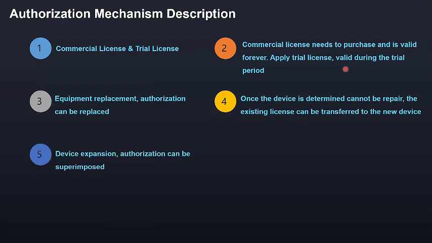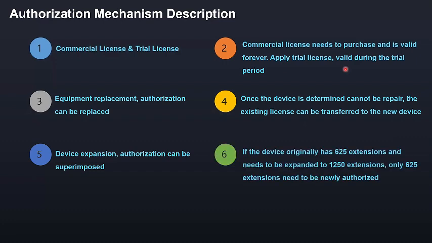And for device expansion, the authorization can be superimposed. If you want to upgrade the authorization or the license, we can superimpose that. If the device originally has 625 extensions and it needs to be expanded to 1,250, only the 625 extensions need to be newly authorized.